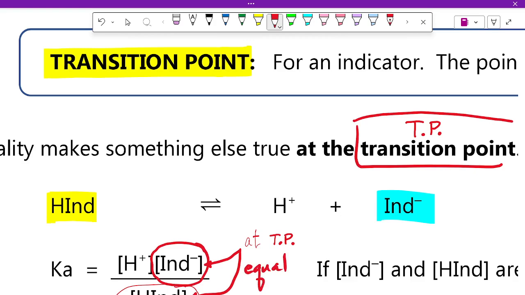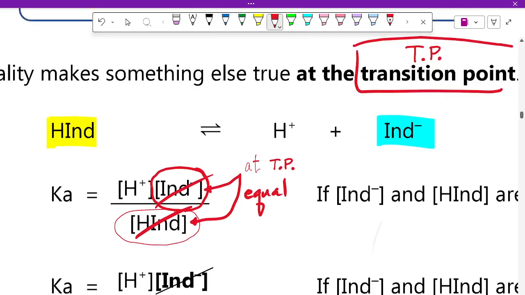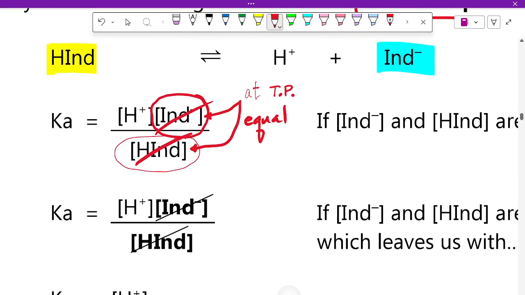And if they are equal, what can we do with them? We can cancel them. And if we cancel them, what are we left with?